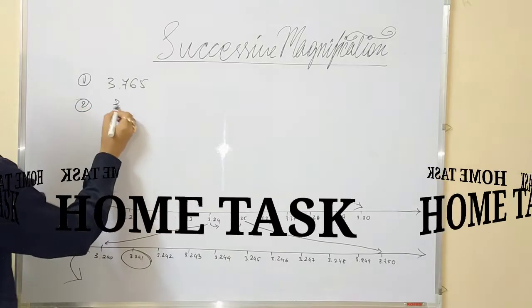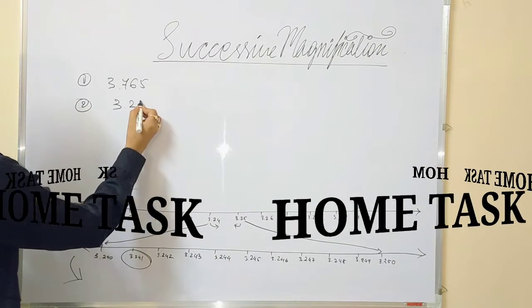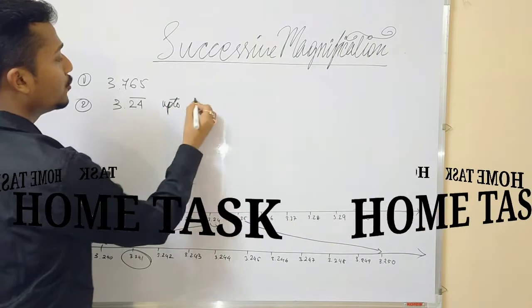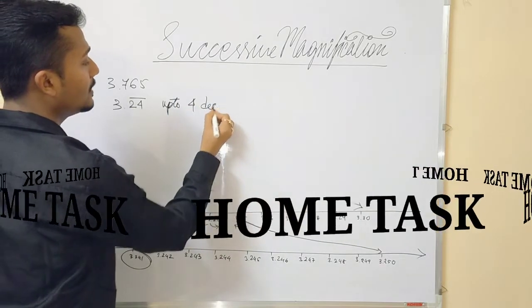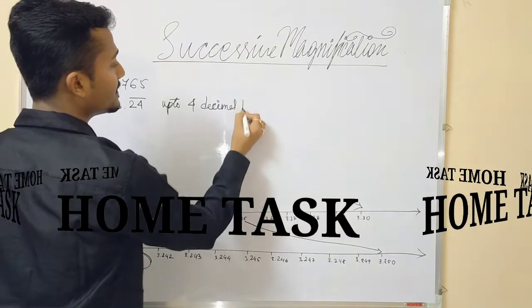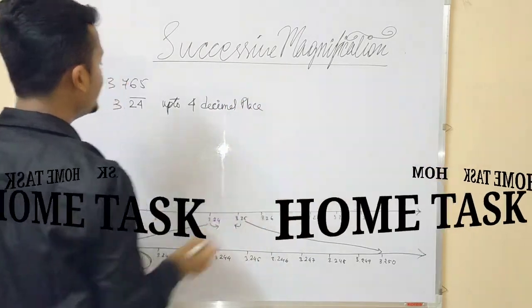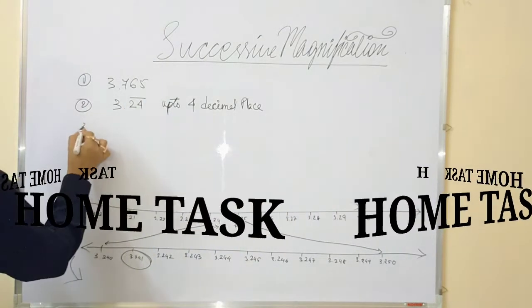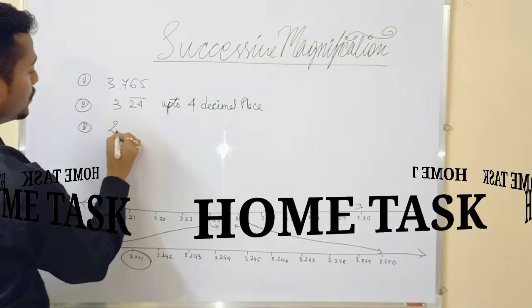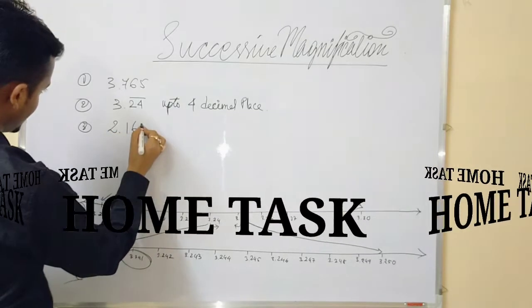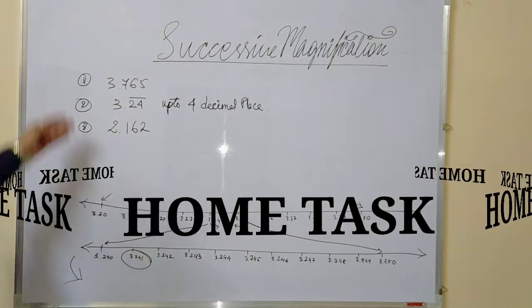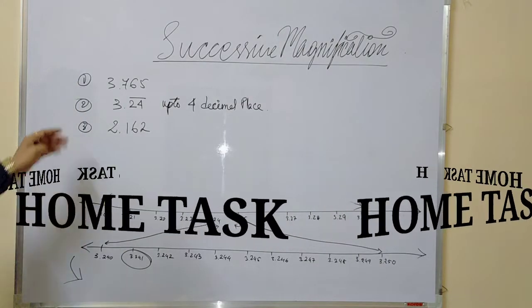Number 2: 3.24 bar up to 4 decimal places. That means 3.2424, you will stop. Third question: 2.162. These are the 3 questions which I have given. You will try to solve them.